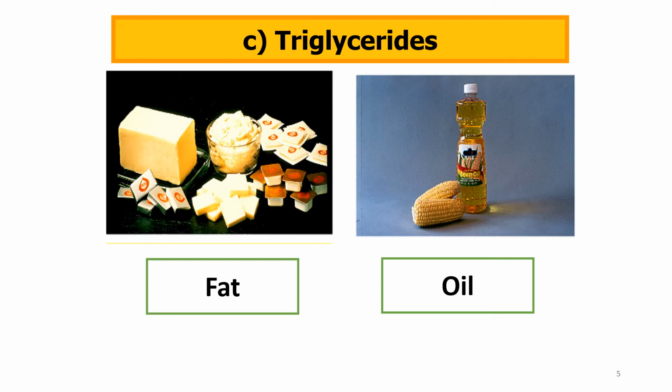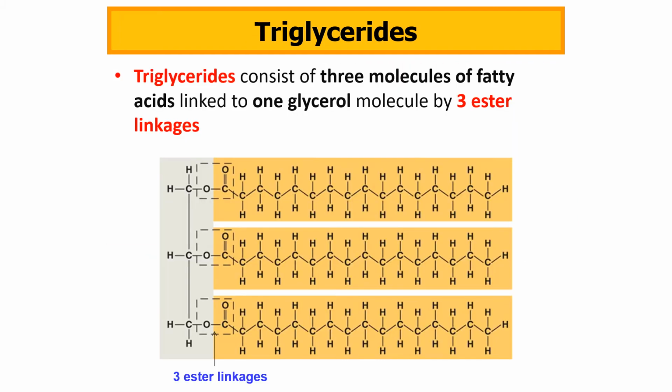As I have mentioned earlier, triglyceride can exist in the form of fat, which is solid at room temperature, or in the form of oil, which exists in the liquid state at room temperature. Triglyceride consists of three fatty acid molecules linked to one glycerol. The bond between glycerol and the three fatty acids is called an ester linkage.